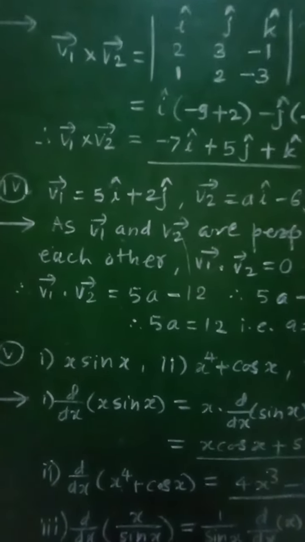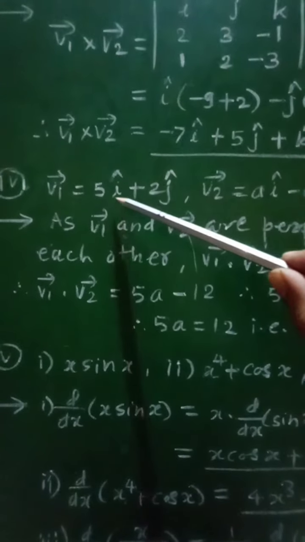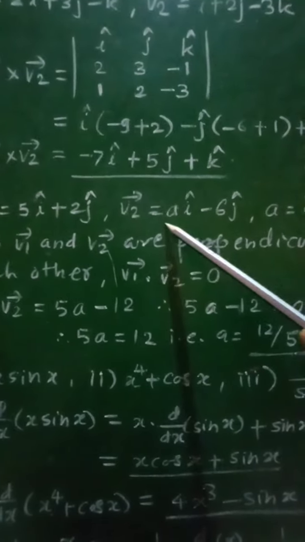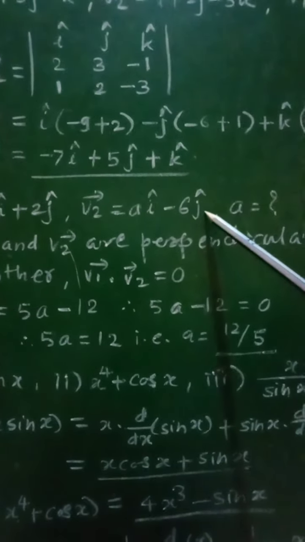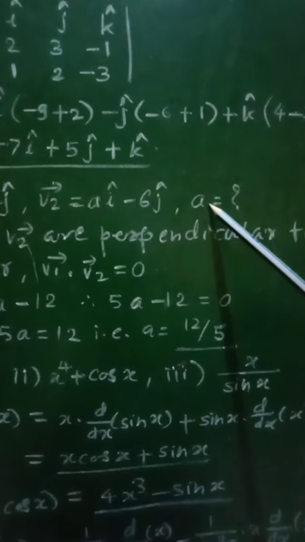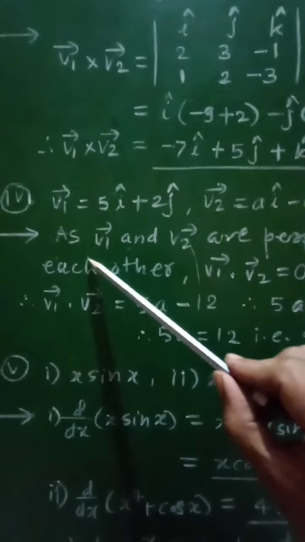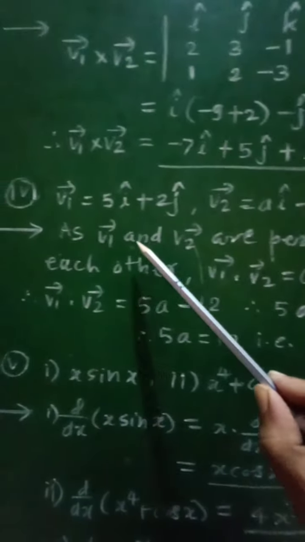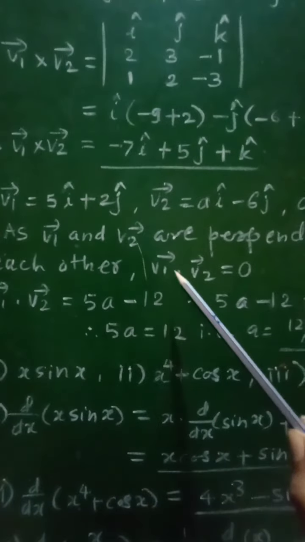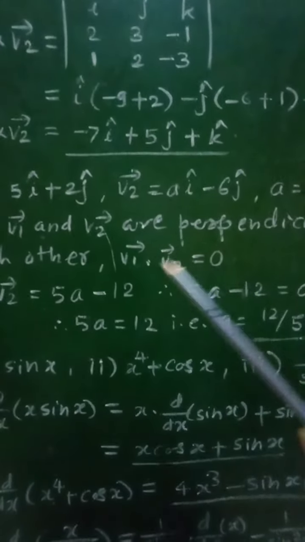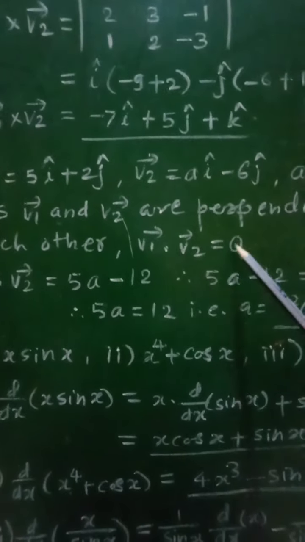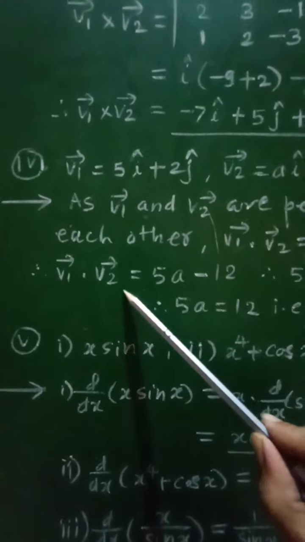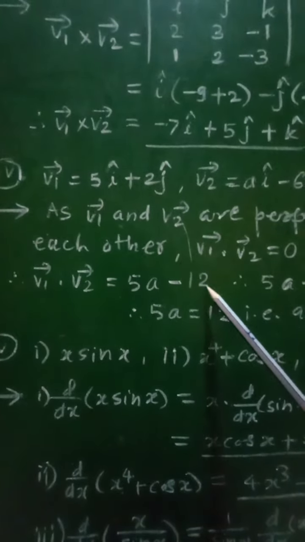So for this numerical number 4, the given data is vector v1 equal to 5 i cap plus 2 j cap, then vector v2 equal to a i cap minus 6 j cap, and we have to find out the value of a. But as vector v1 and vector v2 are perpendicular to each other, their scalar product must be equal to 0, that is vector v1 dot vector v2 must be equal to 0. And therefore we can write vector v1 dot vector v2 equal to 5a minus 12.